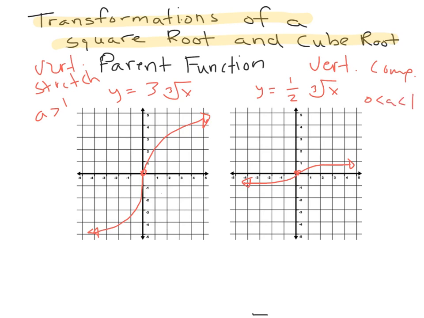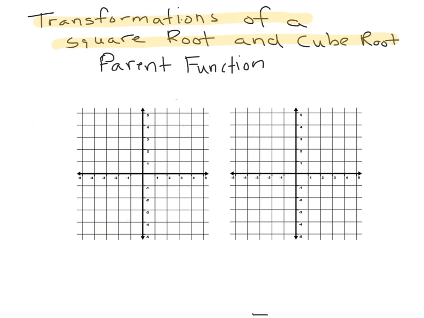Now let's take a look at the horizontal. So horizontal stretch. Okay, now it's going to migrate its way inside. So we have y is equal to the cube root of 1/2 x, right? Remember, it's got to flip. So our stretch is between 0 and 1.